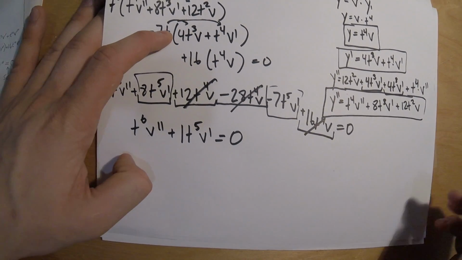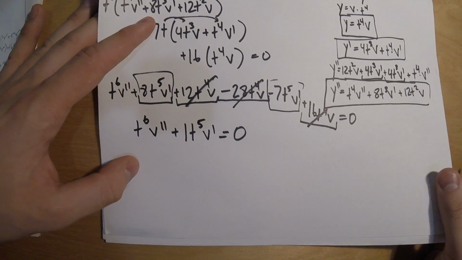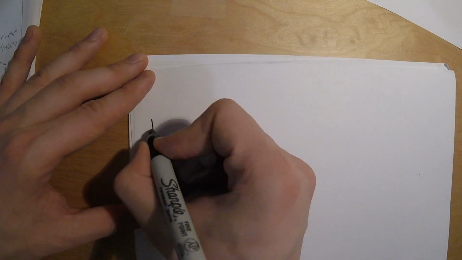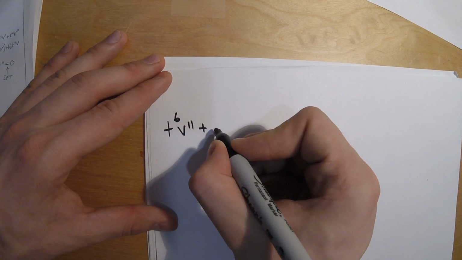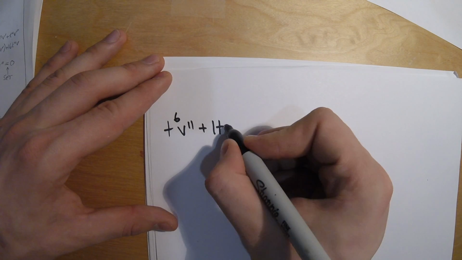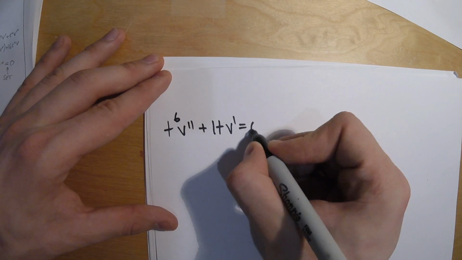Equals 0. Okay, so then I'm going to take a new piece of paper. Okay, I'm going to write this. t to the sixth v double prime plus 1t v prime equals 0.